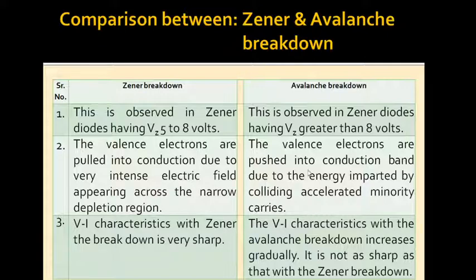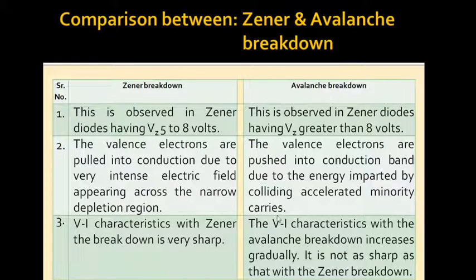Their kinetic energy is sufficient to pull out electrons from the covalent bonds, and that mechanism increases the population of electrons in the conduction band. So the valence electrons are pushed into the conduction band due to the energy imparted by the colliding accelerated minority charge carriers, and therefore the avalanche increases.